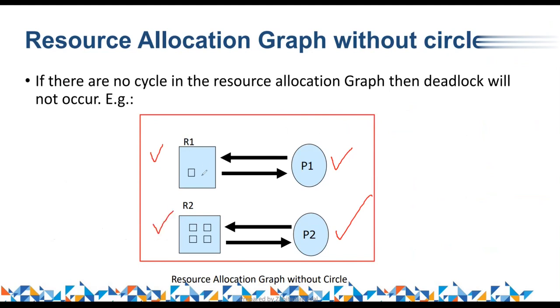So P1 arrived, P1 needs this resource, P1 makes a request. The resource was free, the resource is assigned, no problem. P2 arrived, P2 needs R2. P2 requests R2 and R2 was free, so R2 is assigned to P2. So see, no problem occurs because everything occurred according to the normal procedure.